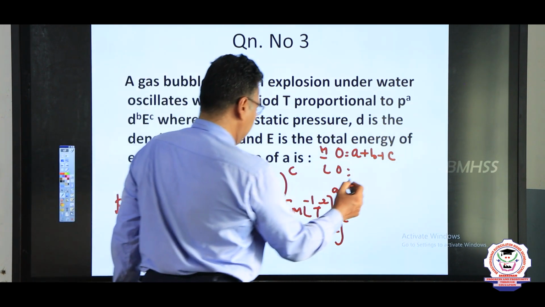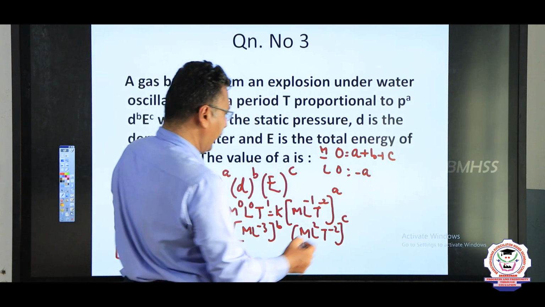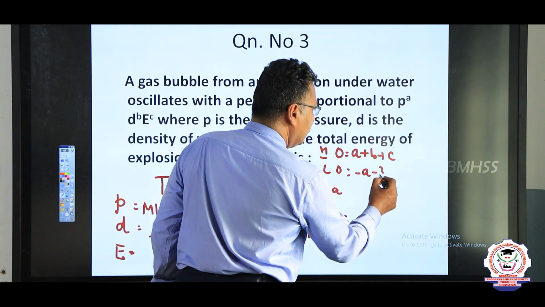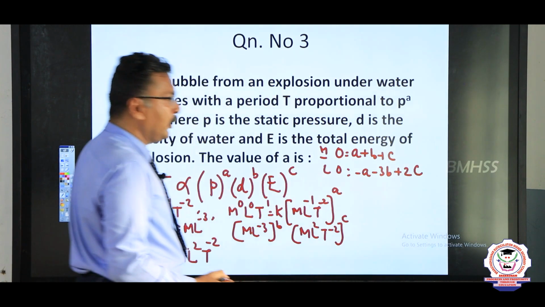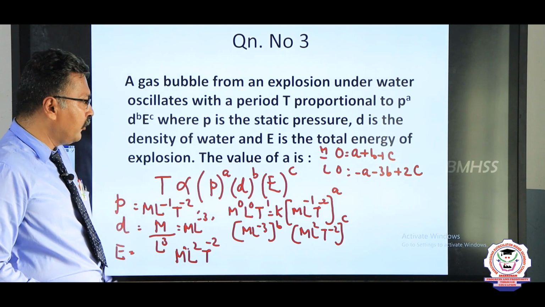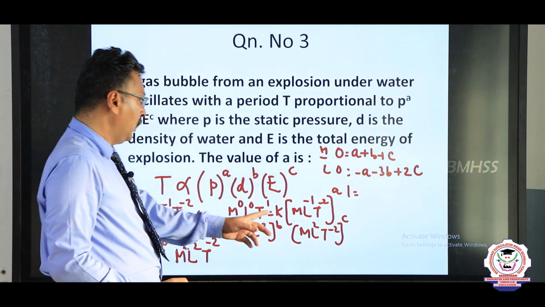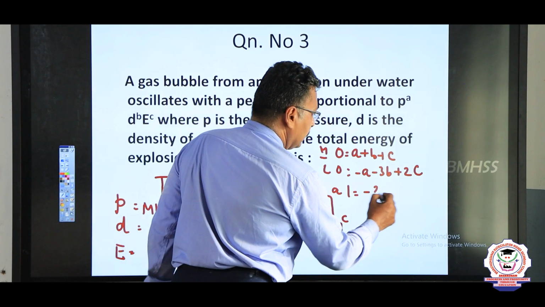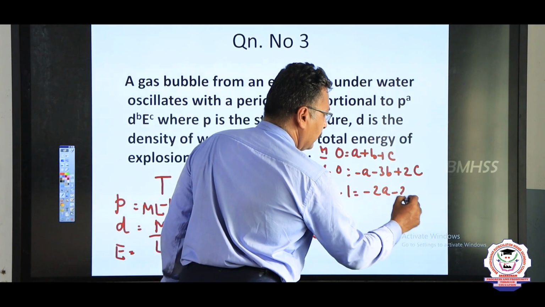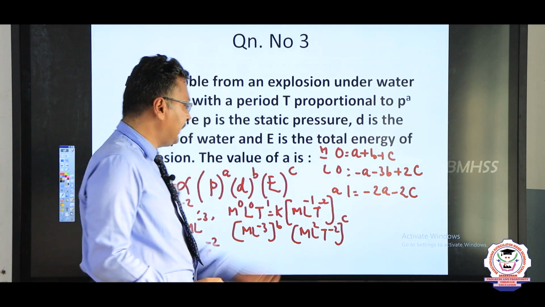Minus a minus 3b plus 2c is equal to 0. For the next equation, for T, 1 is equal to minus 2a minus 2c. So now I am going to solve for these three equations a, b and c.